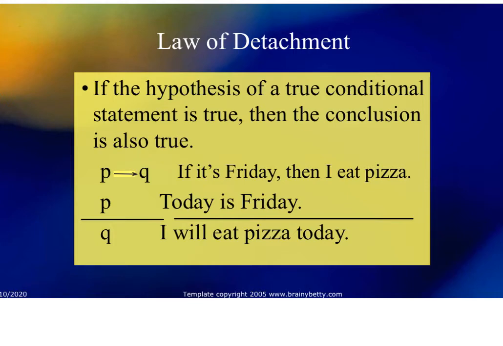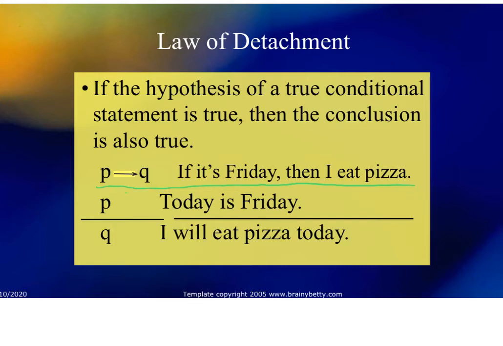So in this statement, the conditional is if it's Friday, then I eat pizza. That's a true conditional statement. Every single Friday, I eat pizza. And so P is our hypothesis, and our hypothesis says that today is Friday. The law of detachment says that I will eat pizza today.